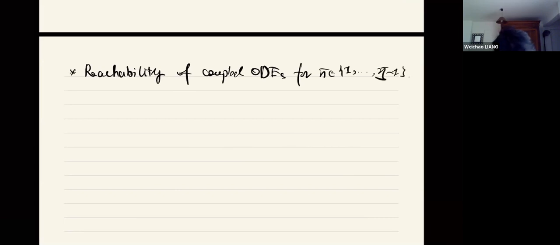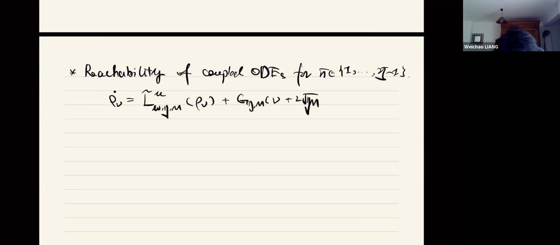The 2g minus 1. Firstly, I will give the corresponding ordinary differential equation, choose rho v.